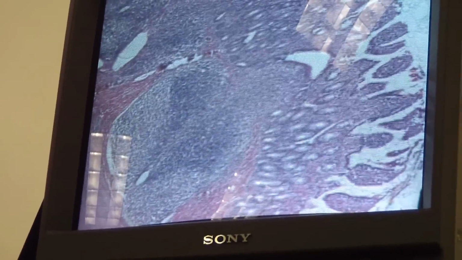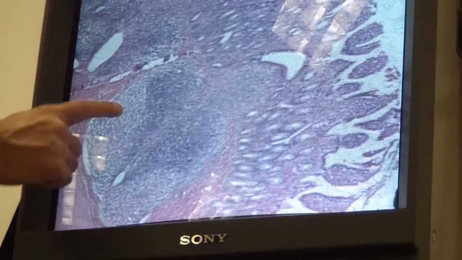If I'm looking at this submucosa, that's very obvious.